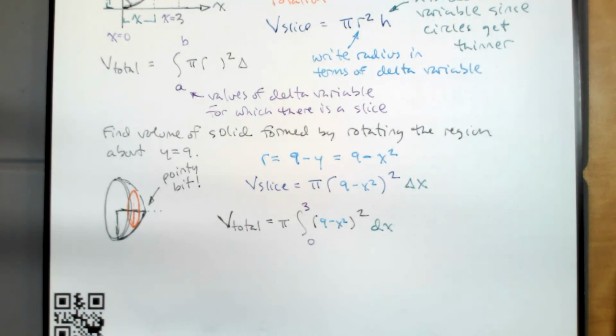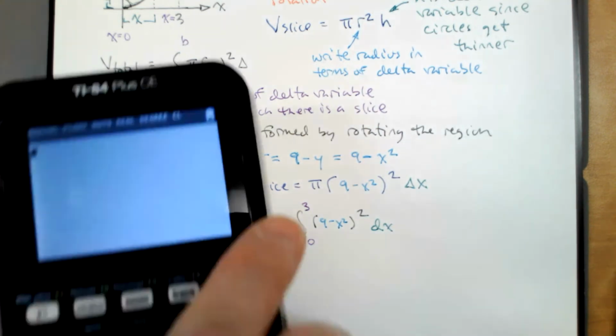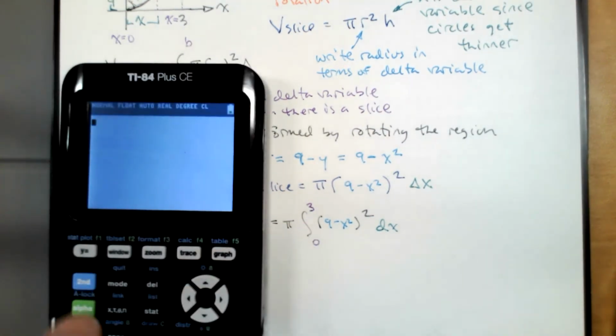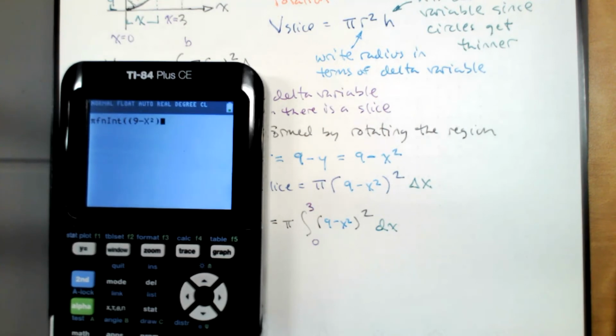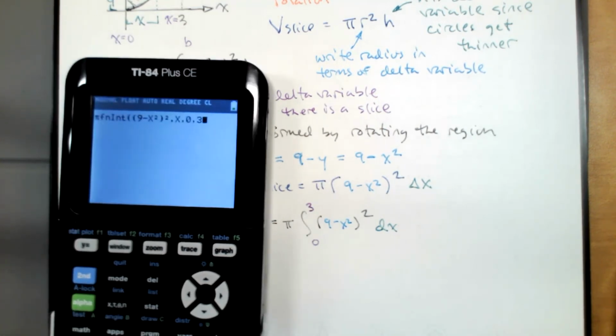As you know, since we're learning how to integrate, we should always integrate by hand. So take your hand, grab your calculating machine, and ask it for pi times the integral of 9 minus x squared with respect to x from 0 to 3.